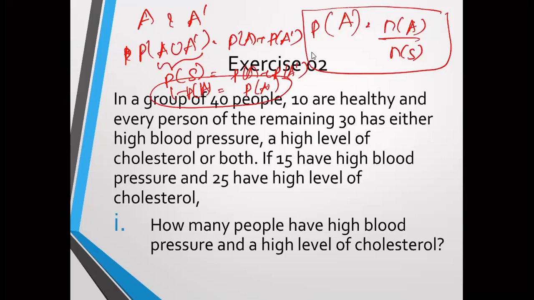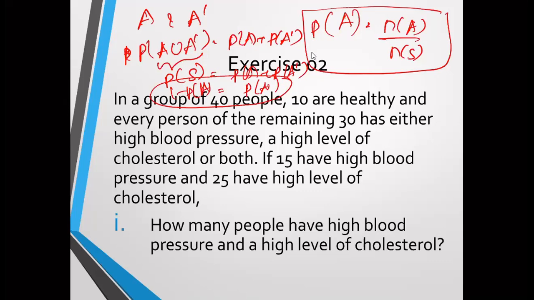10 are healthy. Among the remaining 30, some people have high blood pressure, some have a high level of cholesterol, and some have both diseases. If 15 have high blood pressure and 25 have high level of cholesterol, you have to answer some questions.